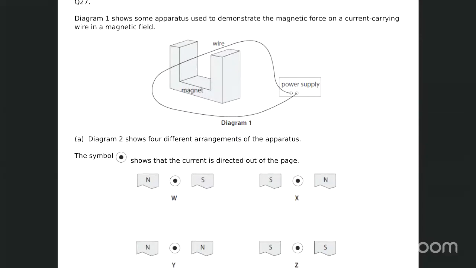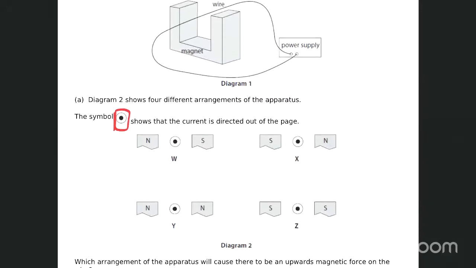Diagram 2 shows four different arrangements of the apparatus. This symbol shows that the current is directed out of the page, which means it is coming towards you.